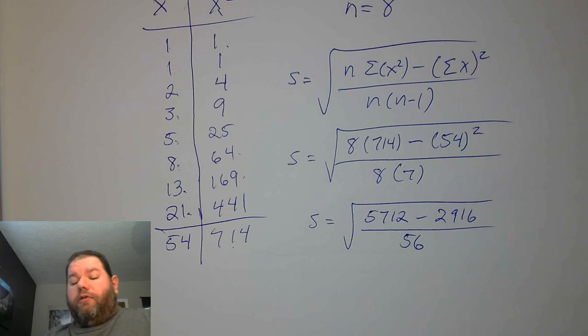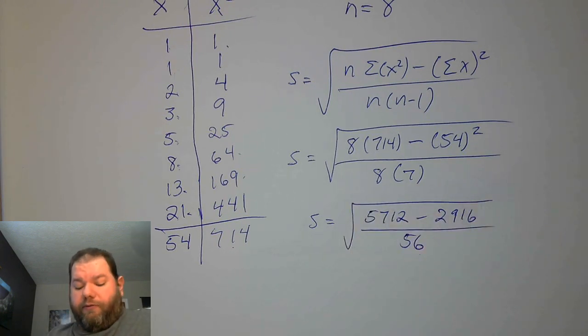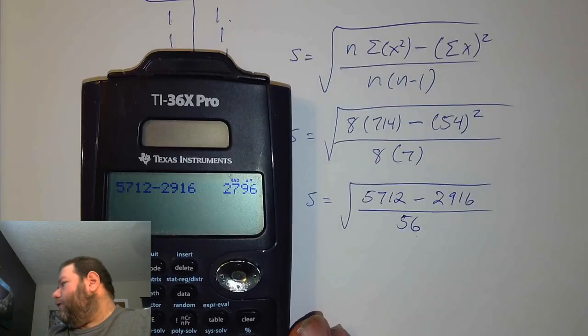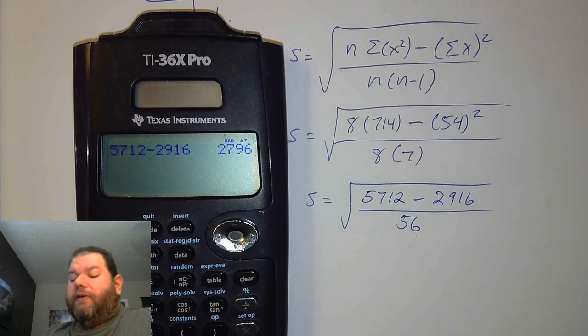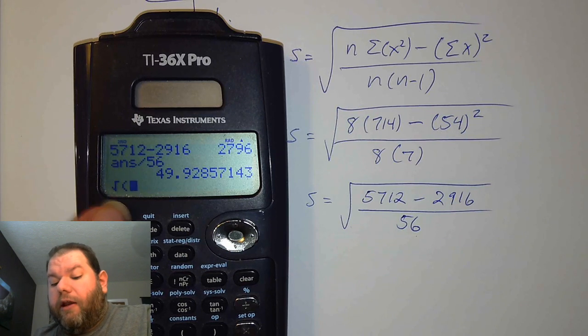So again, we have to do the subtraction, then we'll do the division, and then finally the square root. 5712 minus 2916, we get 2796. Then divide that by 56, and then take the square root of that answer.